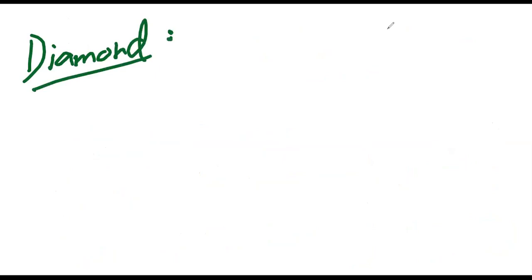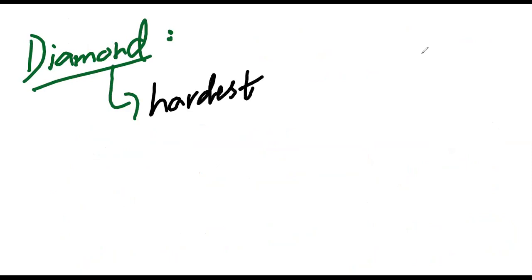Now, talking about diamond. What is diamond? Diamond is the hardest natural substance. It is natural; we are not making it by doing different processes, but it exists naturally and is the hardest substance known.